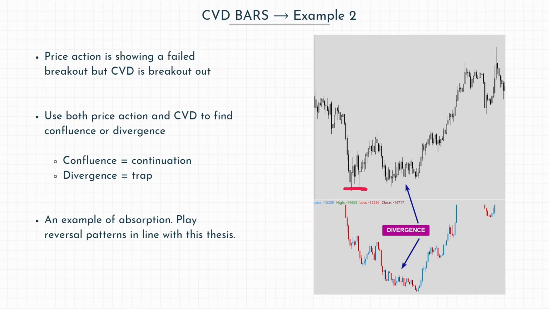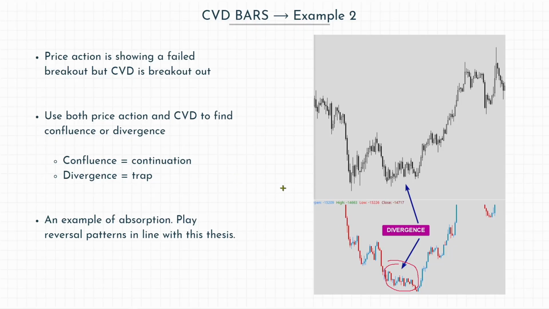So this is a level, and how I'm seeing this absorption without a footprint is you can see that CVD is making new lows, but price action is not. There is your divergence. Why is CVD making new lows?